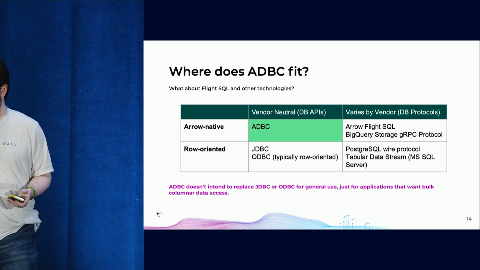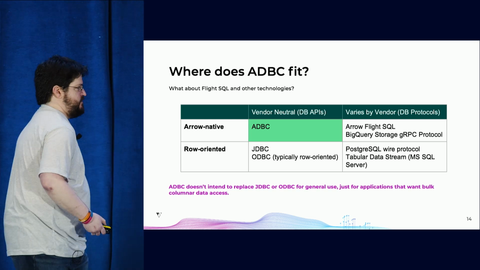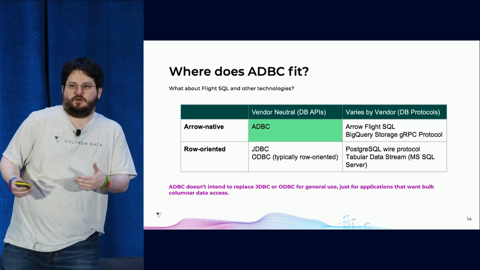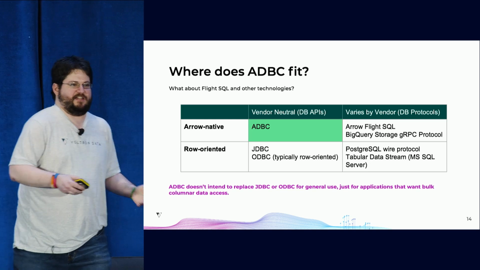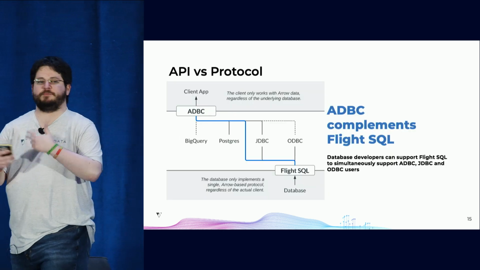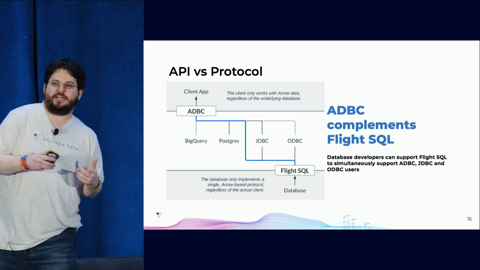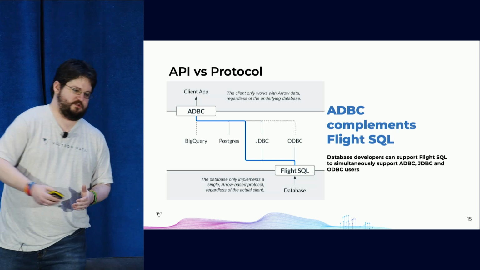Now, of course, you might say, but wait, I've heard about Arrow Flight and Arrow Flight SQL. Why is there ADBC if I have Arrow Flight or Flight SQL? They complement each other. It's not a replacement. ADBC does not replace Flight SQL, it's a complement to it.